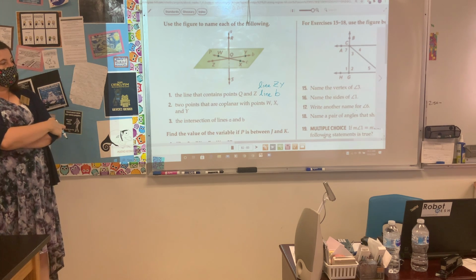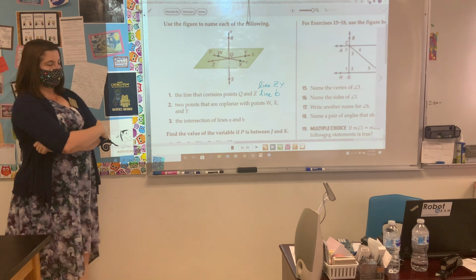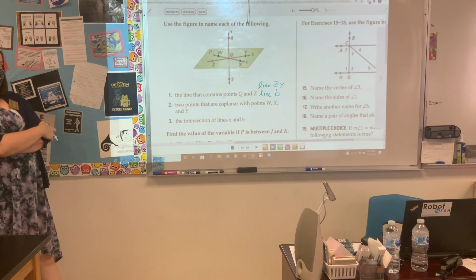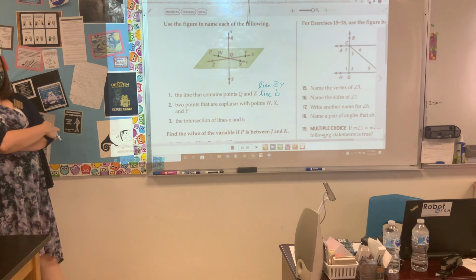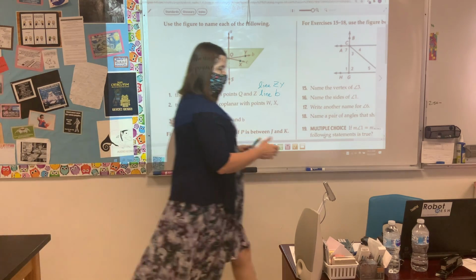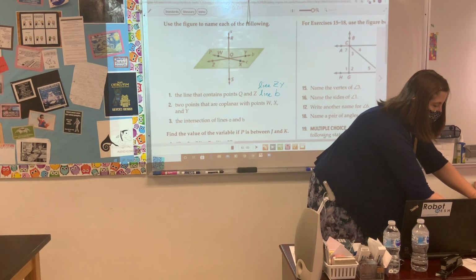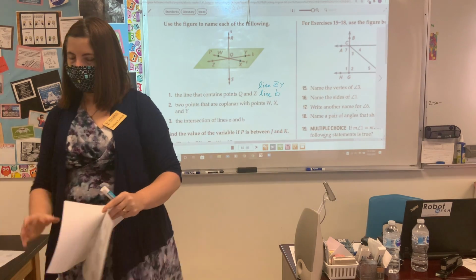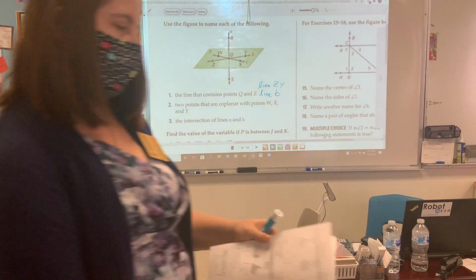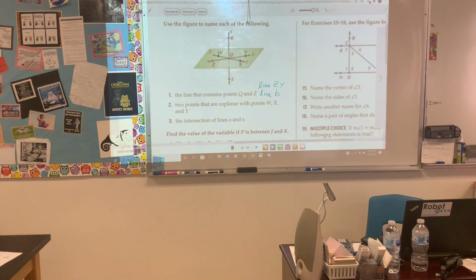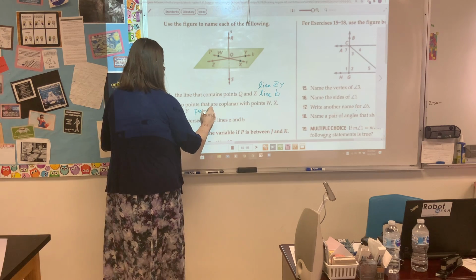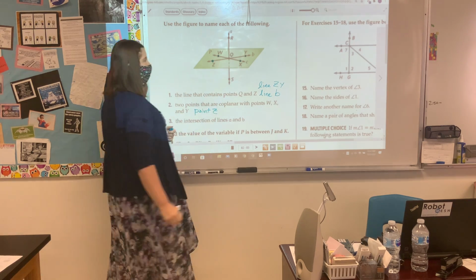So I'm naming points, and they have to be in the same plane as W, X, Y. Point Z, yes. Coplanar. You want to name 2 points that are on the same plane as points W, X, and Y. Z is one. Yes. That's this one right here.